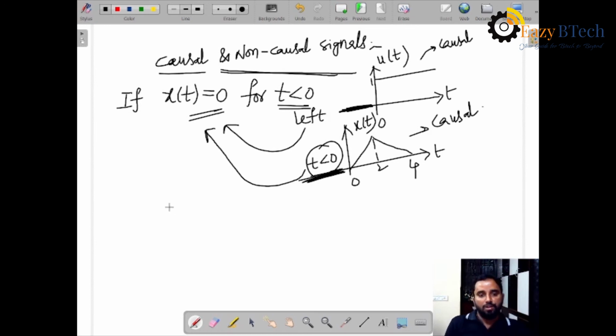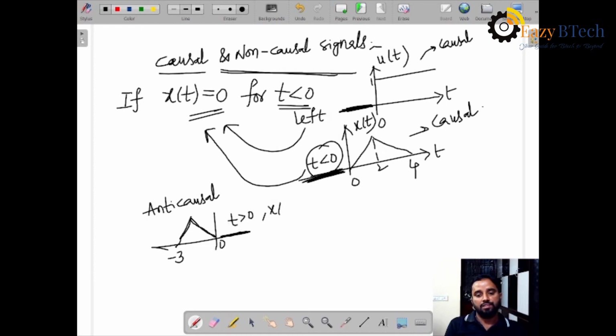Now anti-causal. Anti-causal means completely opposite to causal. That means completely the right side, the signal is 0. This is an anti-causal signal. Now 0 here, for example -3. So on the right side, t greater than 0, what is x of t value? 0.